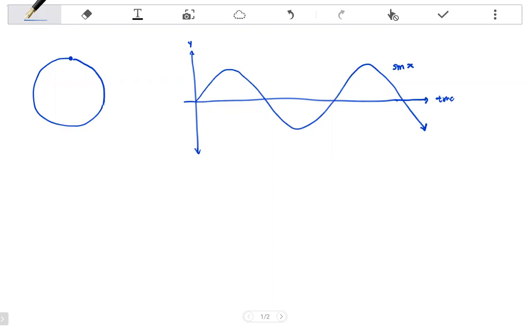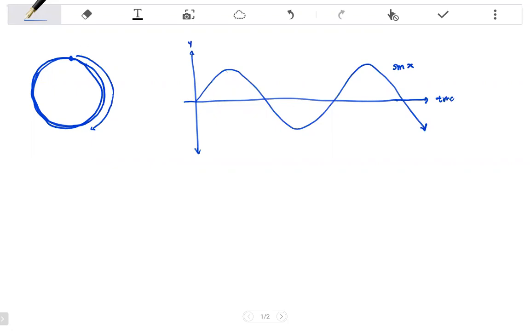So what I mean by that is this dot, if this dot traveled steadily, constantly around the circle like that, you can imagine it going around and around, then that's what the sine graph is modeling.